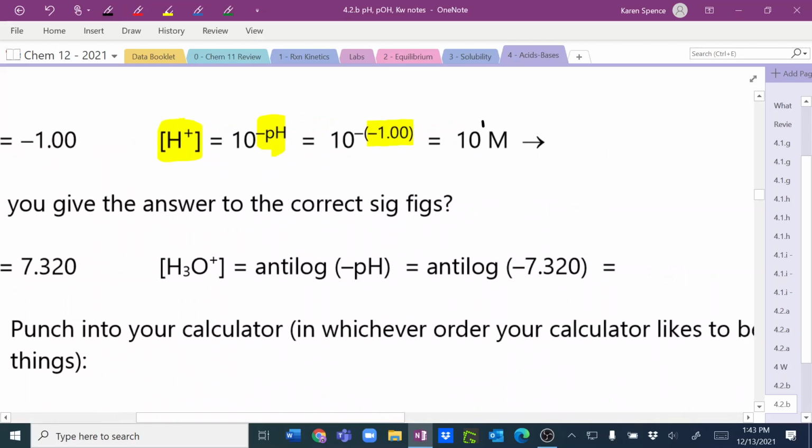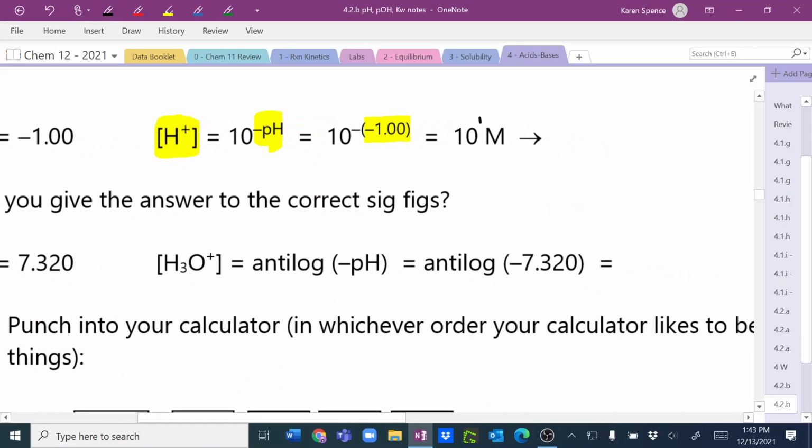How am I going to write that with the correct sig figs? First of all, how many sig figs do we need? We need 2 sig figs. So 10 to the 1 is going to become something times 10 to the 1. 1.0. 2 sig figs.